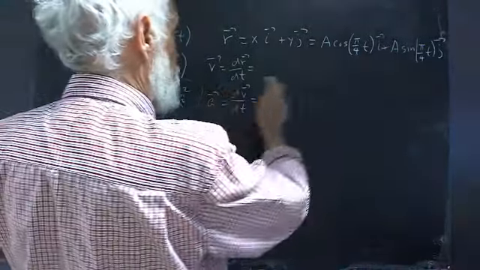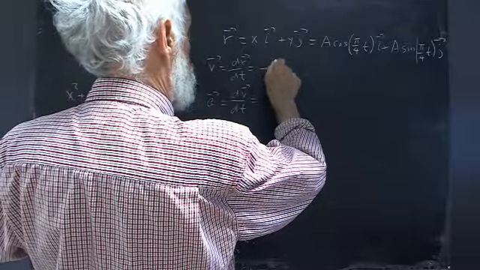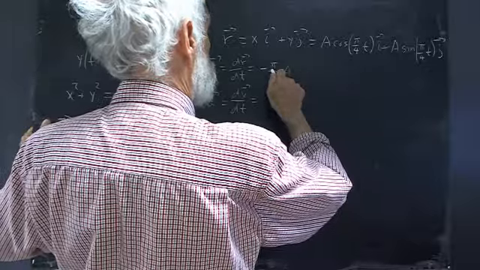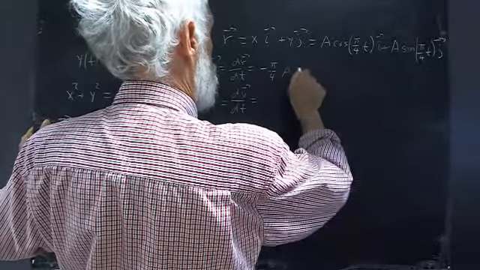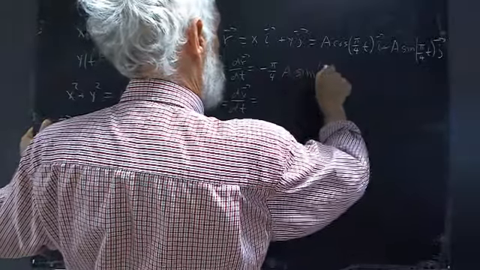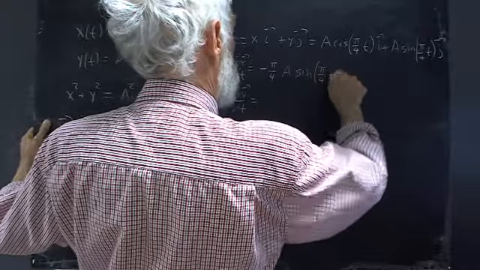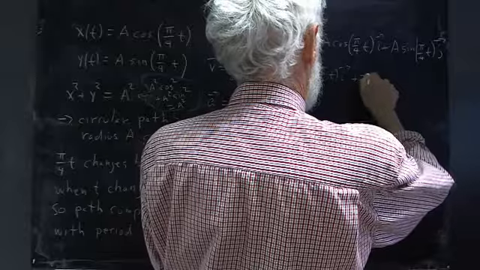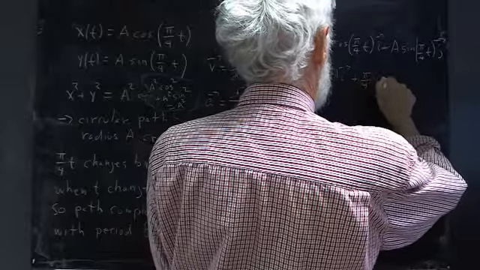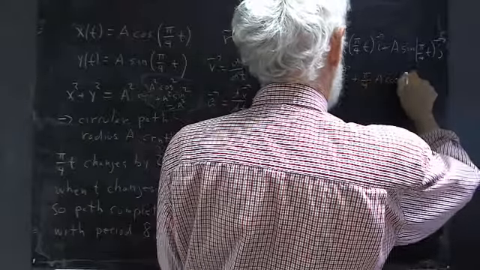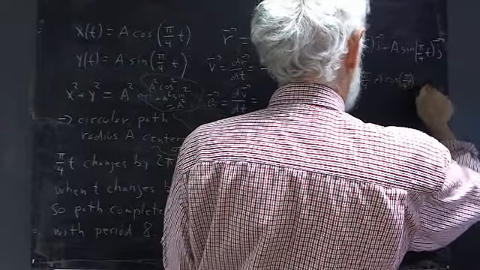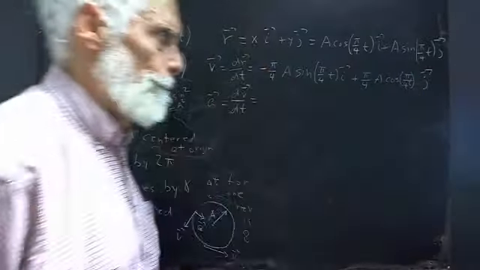But anyhow, the derivative is going to be negative pi over 4a times the sine of pi over 4t times i plus pi over 4a times the cosine of pi over 4t times j.